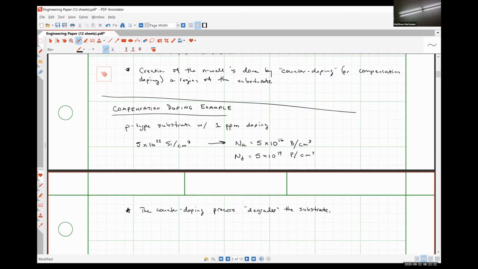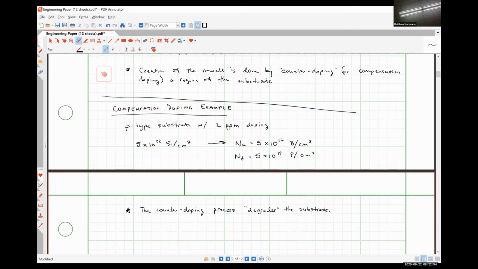So when we had the example a moment ago, with an acceptor concentration of 5 times 10 to the 16 and a donor concentration of 5 times 10 to the 16 as well, what that meant was that there was a region of material in our substrate that was electrically neutral, which is what we wanted, but was completely devoid of charge carriers as well, which means that region is utterly useless, right?